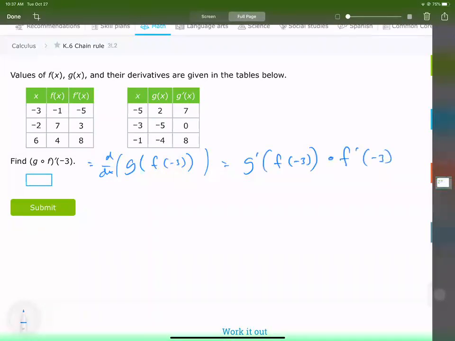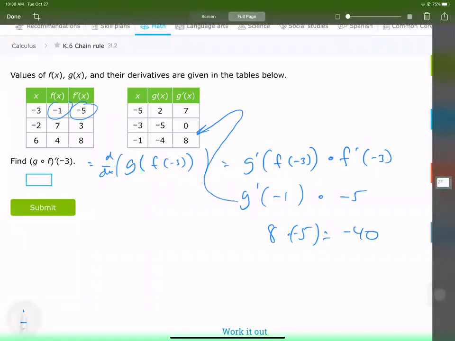We know what this is, -5. G prime of f at -3 is -1. And now what's the f prime of -1? That's going to be 8. And we end up with -40. Cool.